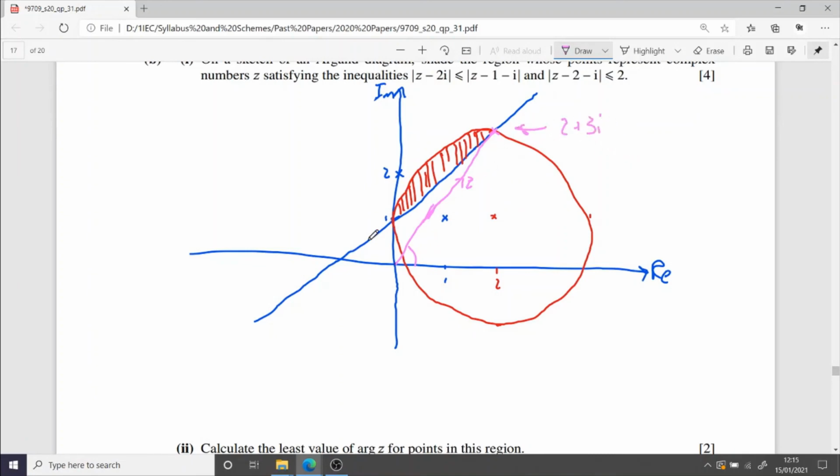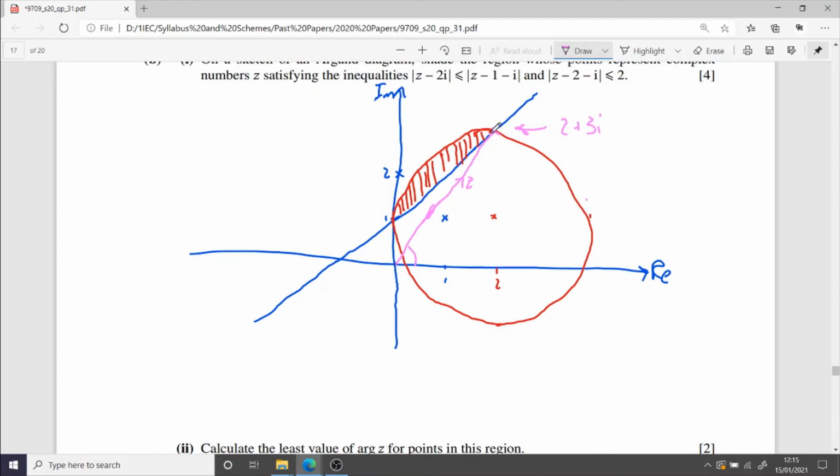Can we verify that that is also on that straight line? Well, we are starting at the point (0, 1), and this has a gradient of 1. It's at 45 degrees, so we're going across 1, up 1, so this would be the point (1, 2), across 1, up 1, so this would be the point (2, 3), or 2 plus 3i. So 2 plus 3i is the point of intersection of both of these things. There are slightly more thorough ways to do this, but for 2 marks, I don't think we're required to. So we'll just stick with that slightly easier way.